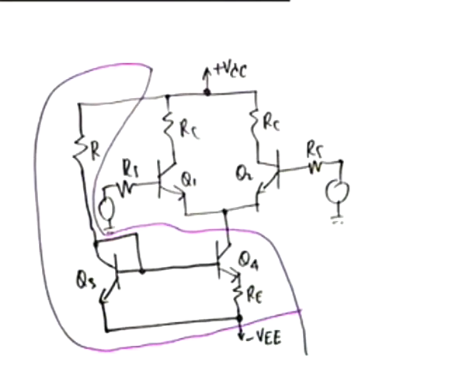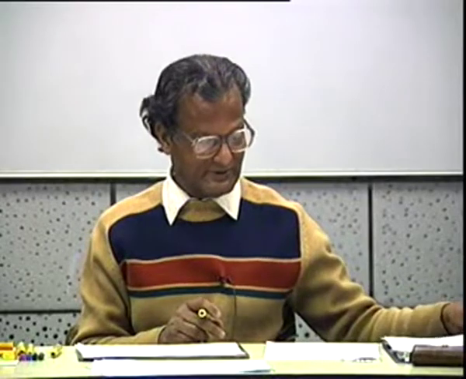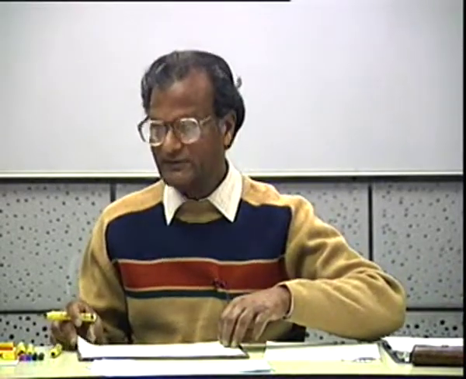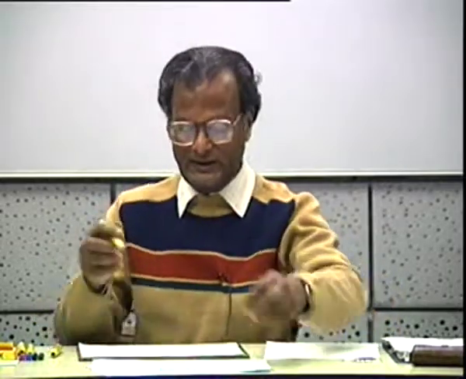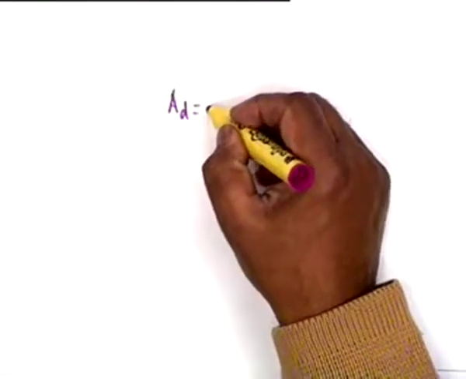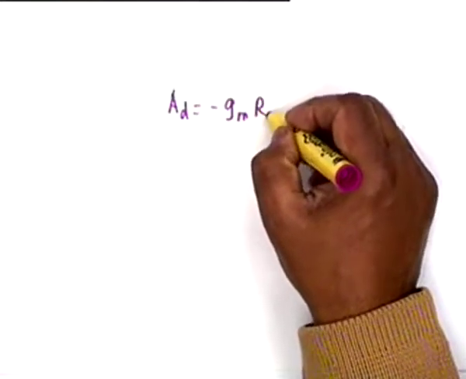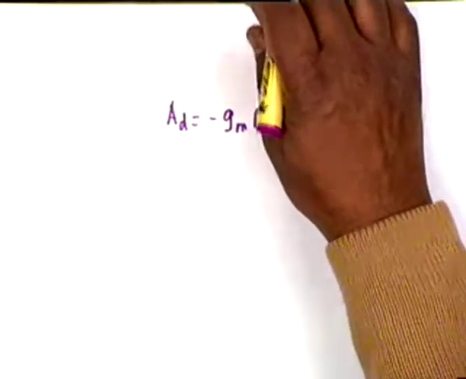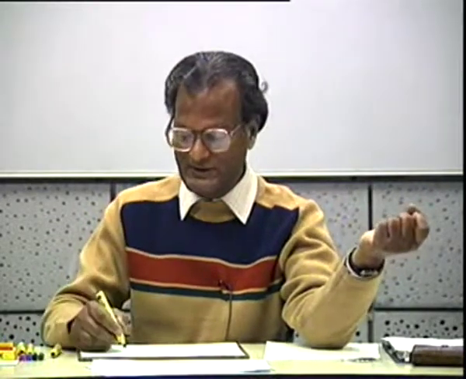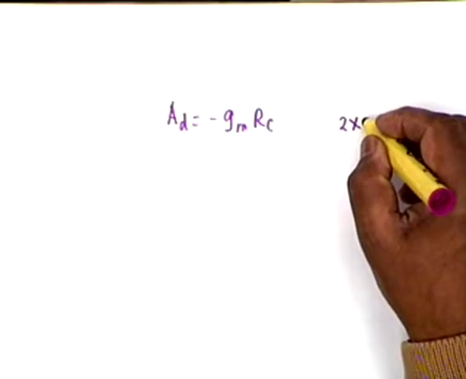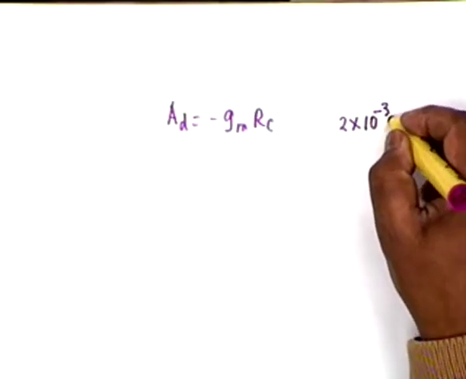Now, the next point that we address ourselves to is the question of gain, the differential gain and the common mode gain. You know the differential gain for a differential amplifier is minus GMRC. Now GM naturally would be a small quantity because the current is very small. Current is of the order of 50 microampere. GM, as we said, for this particular example was 2 times 10 to the minus 3 mho.